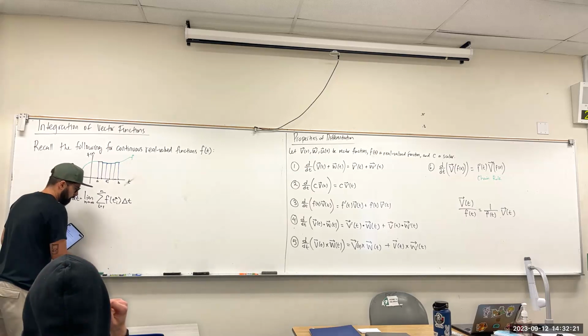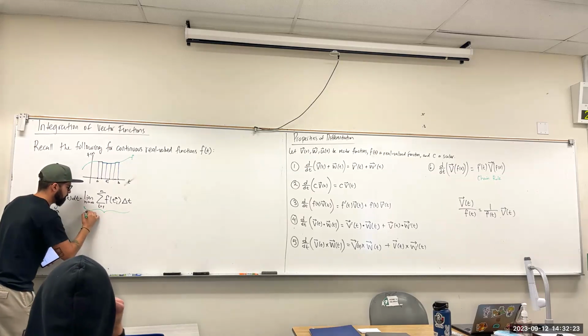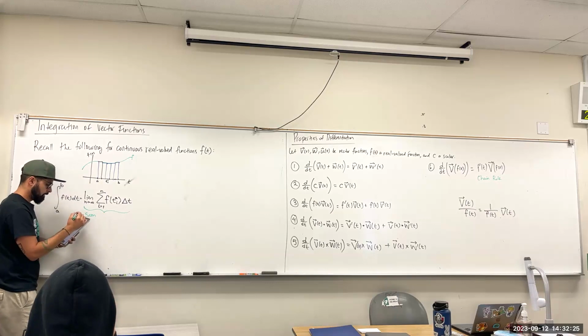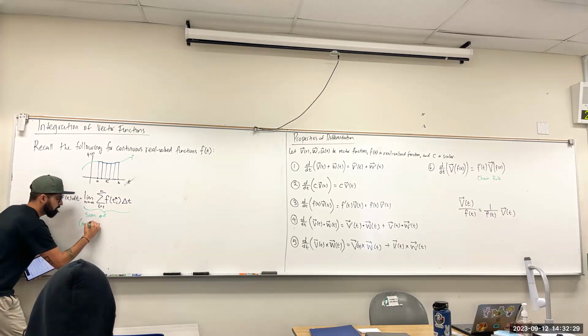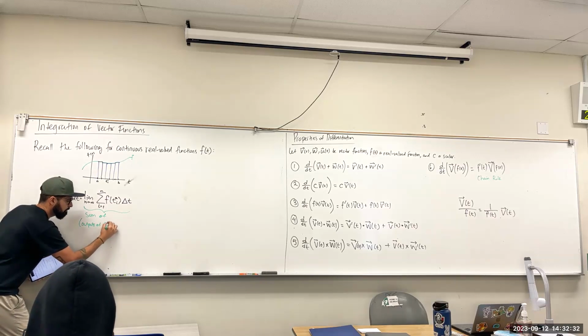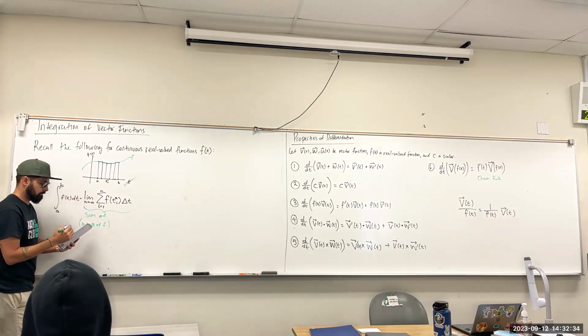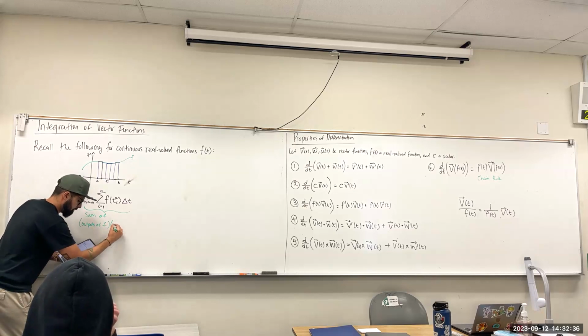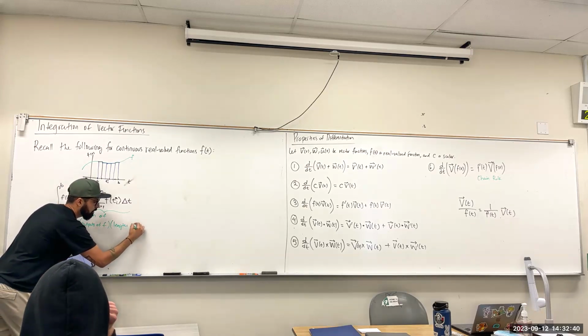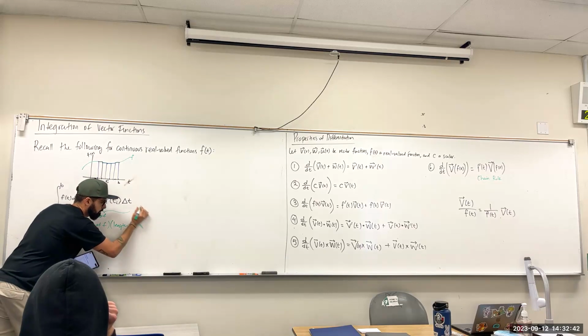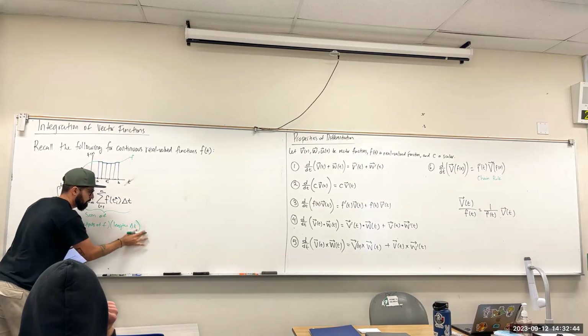Okay, and so what you interpret this was the sum of outputs of f times lengths, which we're calling delta t. That's how you did this.